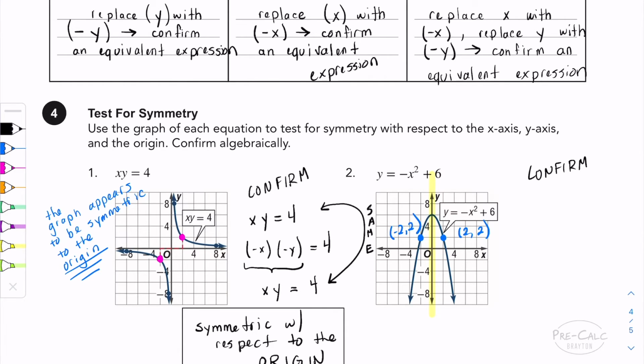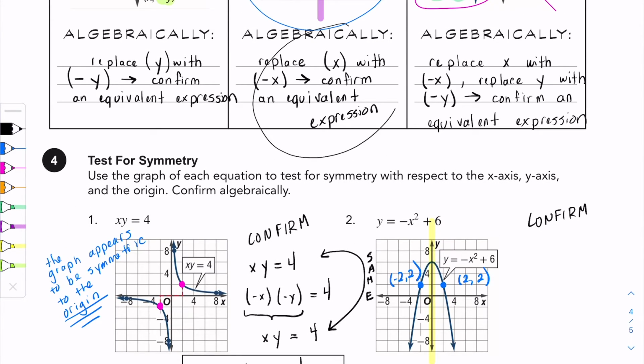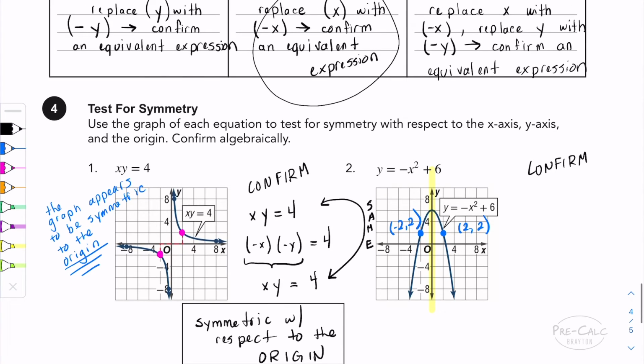To confirm it, we need to use this rule. We're going to replace x with negative x and make sure our answer comes out to be the same as the original. Our original is y equals negative x squared plus 6. I'm going to replace x with negative x, so I have negative times negative x squared plus 6.